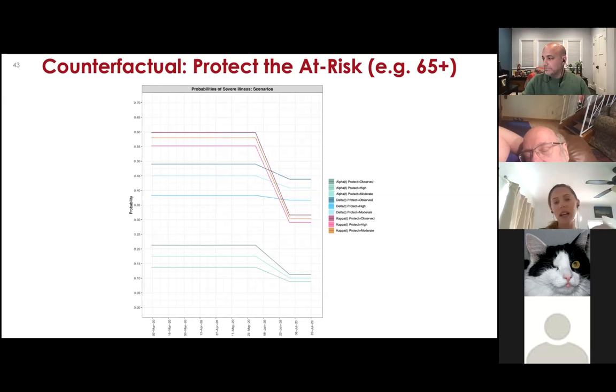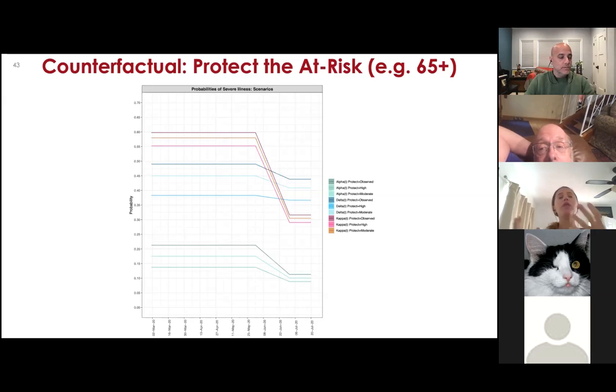And then we have our policies relating to protecting the at-risk individuals. So in these scenarios, we wanted to model something that was a little bit more reasonable. So instead of protecting or shielding, i.e. isolating from transmission and assuming that these individuals are completely 100% quarantined in home, we look at a couple of scenarios.